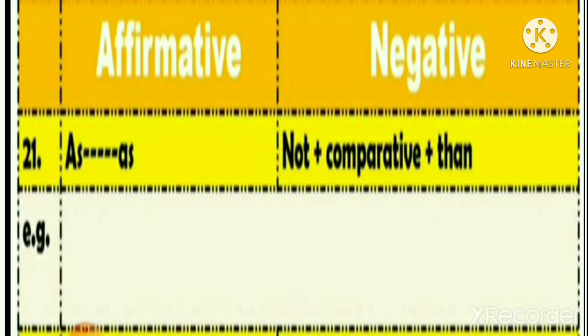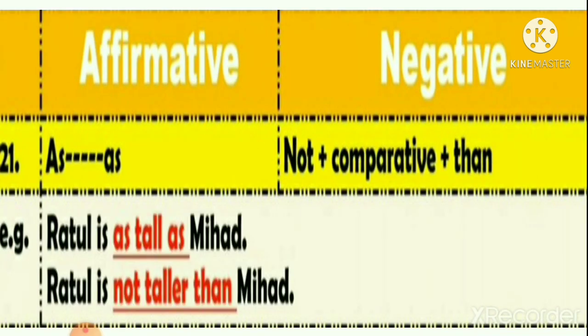Okay, if there is "as... as", that is positive from the positive degree, so we can change it into negative in the comparative degree. Okay, some examples. Ratul is as tall as Mihat, so we can change it into comparative degree: Ratul is not taller than Mihat.